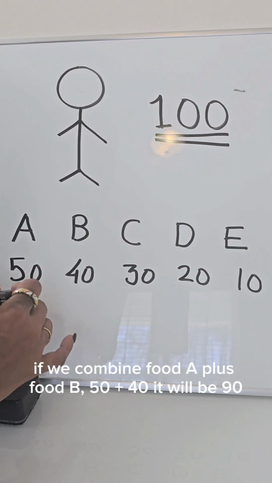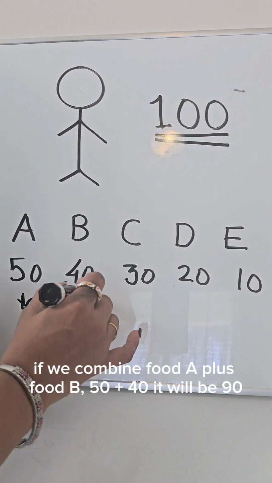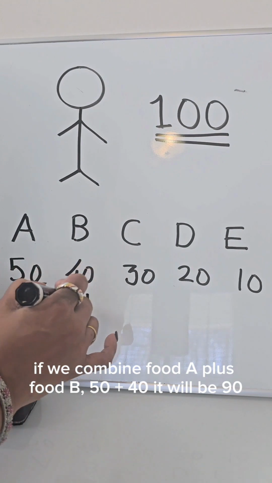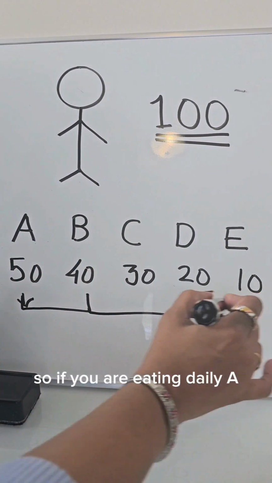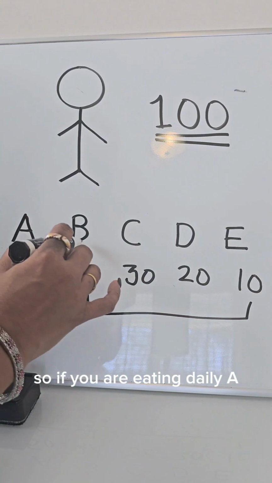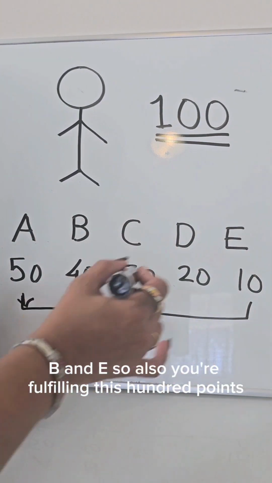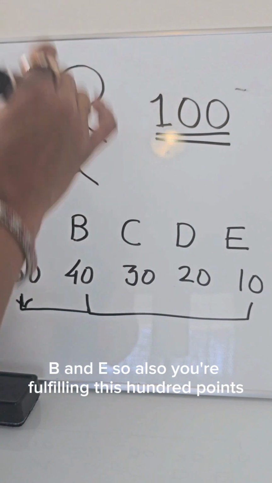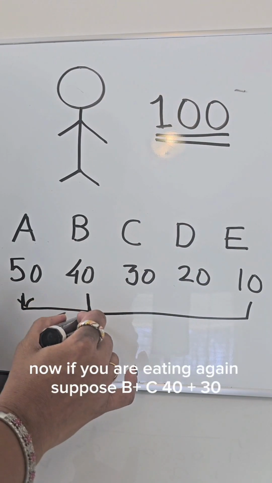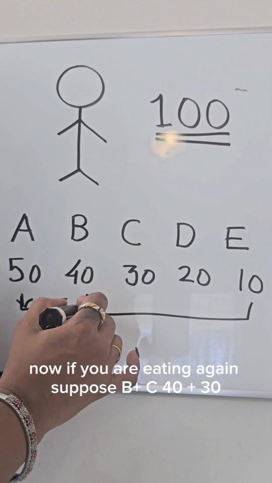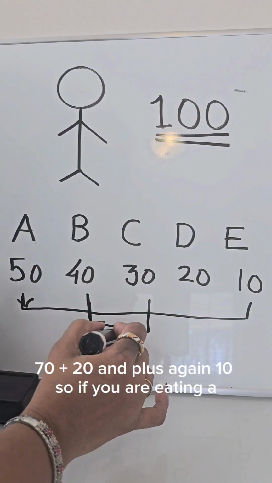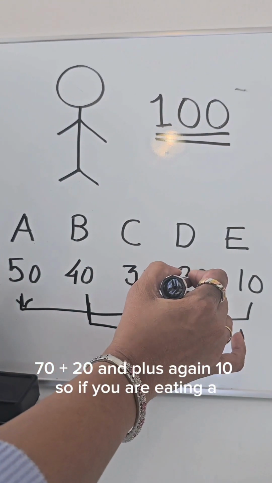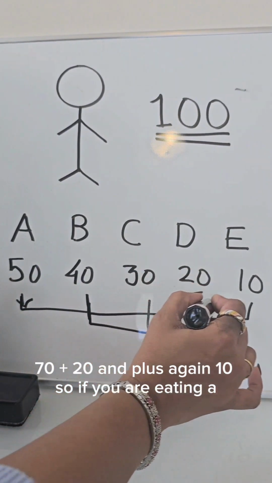If we combine food A plus food B, 50 plus 40, it will be 90. Then if we add E, so if you are eating A, B and E daily, you are also fulfilling this 100 points. Again, suppose B plus C, 40 plus 30, 70, plus 20, and plus again 10.